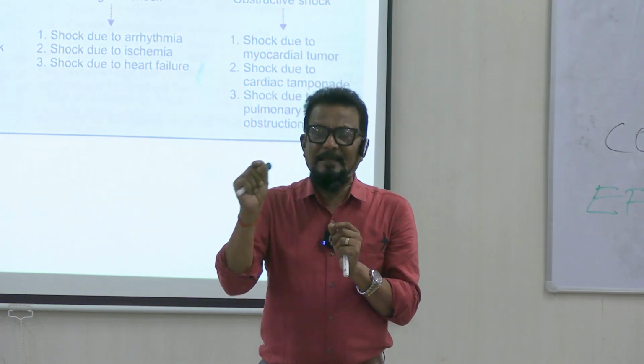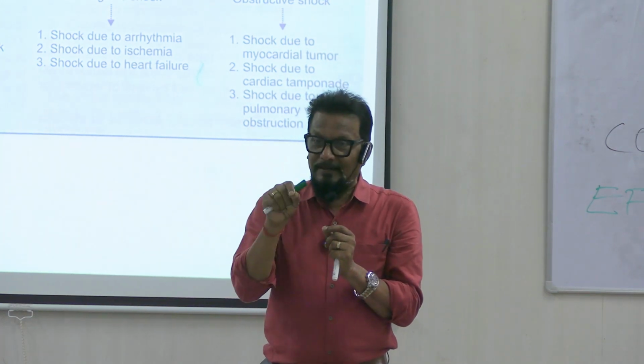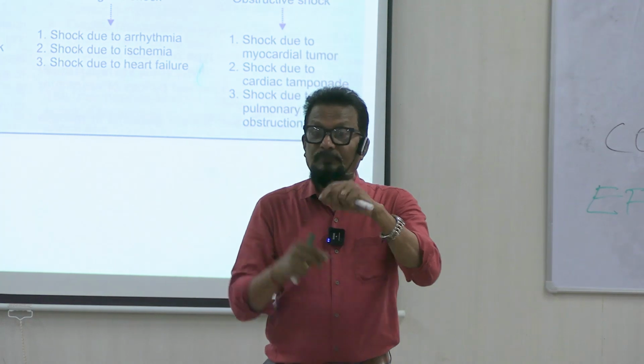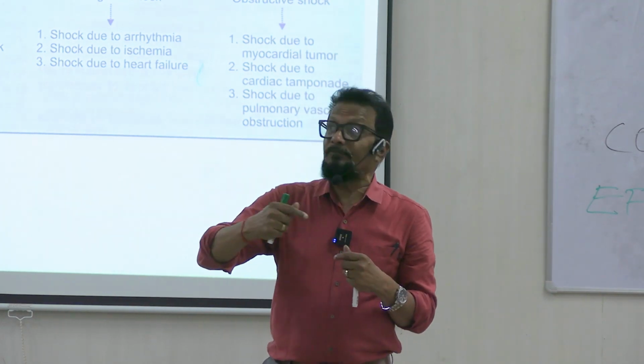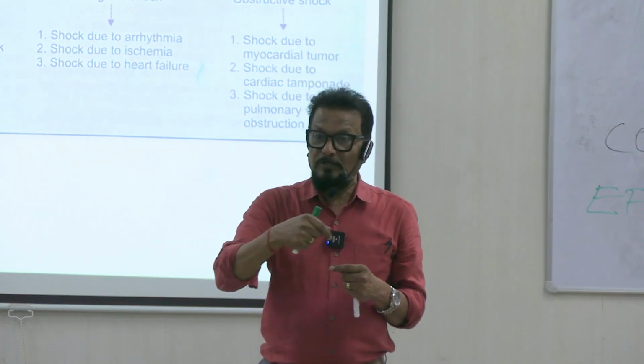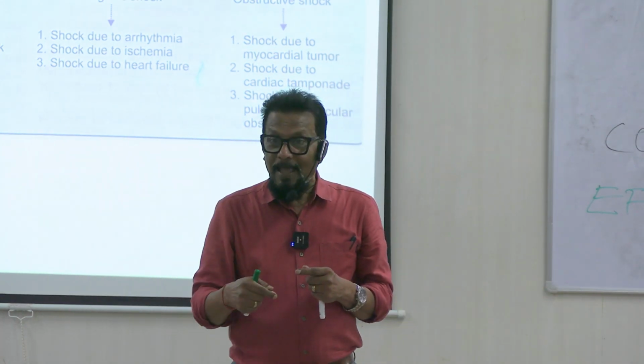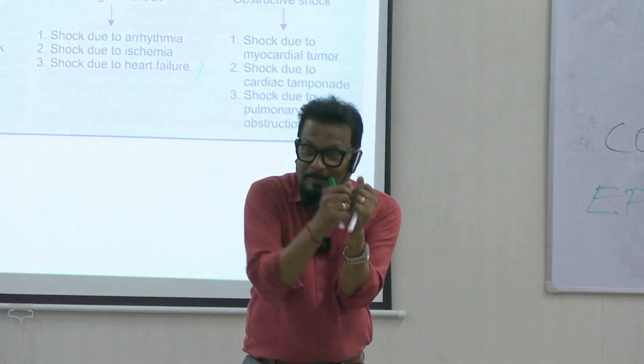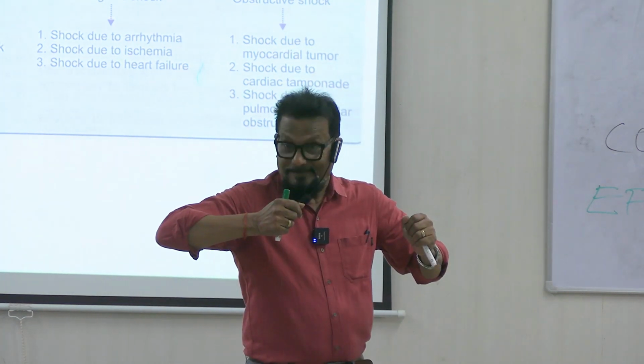Normally there is a thin layer of pericardial fluid. Now if it is filled up with blood because of an external injury, there may be accumulation of blood in the pericardium, and because of this, the ventricle cannot expand.